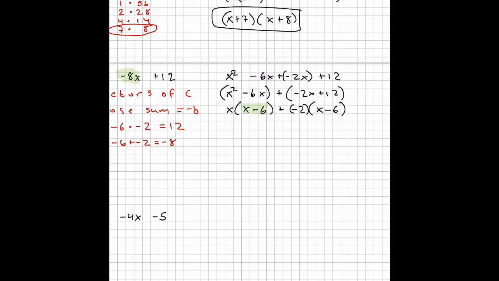My common factors now are x minus 6. So when I pull those out, I'm left with x minus 6 times the quantity x minus 2. I'm writing this one as subtraction, even though there was the addition sign there, because sometimes, or most times, people will prefer the subtraction as the simplest form. However, x minus 6 times the quantity x plus negative 2 is an equivalent expression.